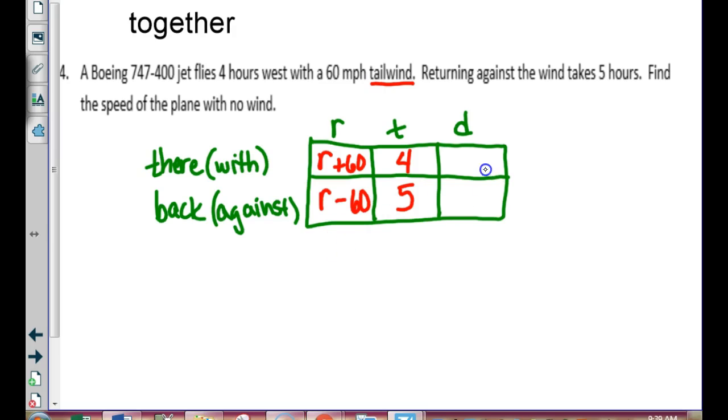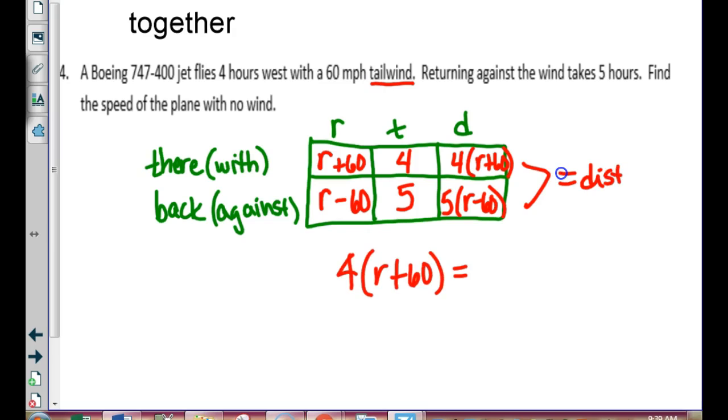Now, we don't know the actual distance, but we know they're equal, so what could we put here? Well, I would just do 4r plus 60 and 5r minus 60, and then what are we going to do with those? Yeah, these are equal distances, so we'd have 4 times r plus 60 equals 5 times r minus 60. And then you'd solve and find the speed of the plane. That's it.